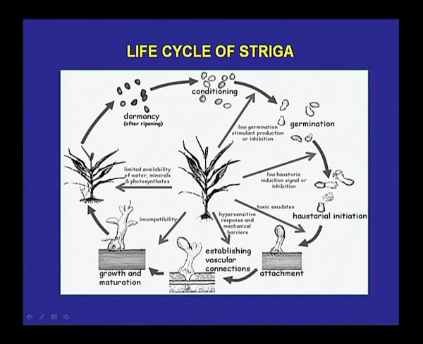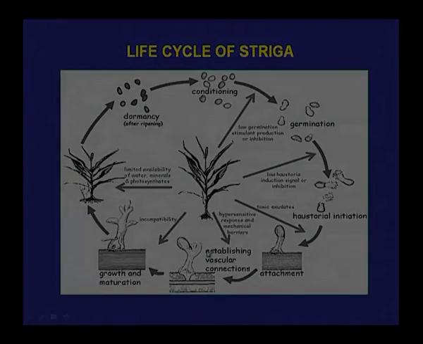They attach to it for drawing their nutrients and water, and they grow and mature. And you see this is the main host plant, and at the root site the striga is attached with the roots seen here, and then seeds remain dormant for quite a long time in the soil, and after ripening they again start their life cycle like this.